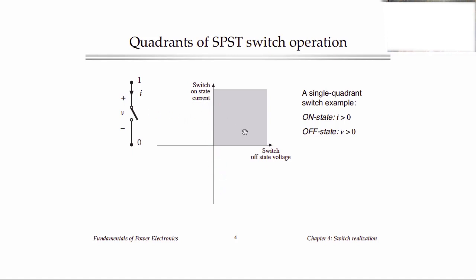So what's sketched here is the case where both the off-state voltage and the on-state current are positive, and so we say that this is in the first quadrant of this plane, and we call this a single quadrant switch for this particular example.